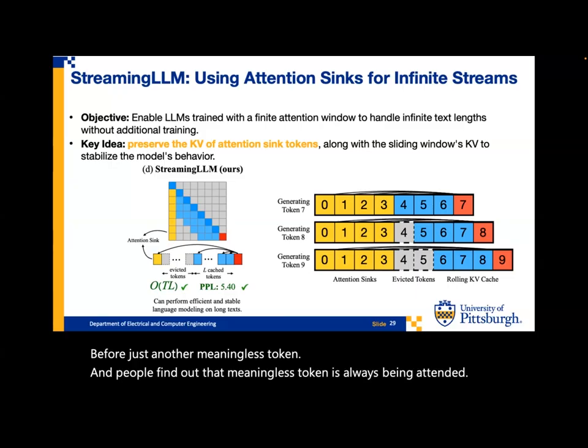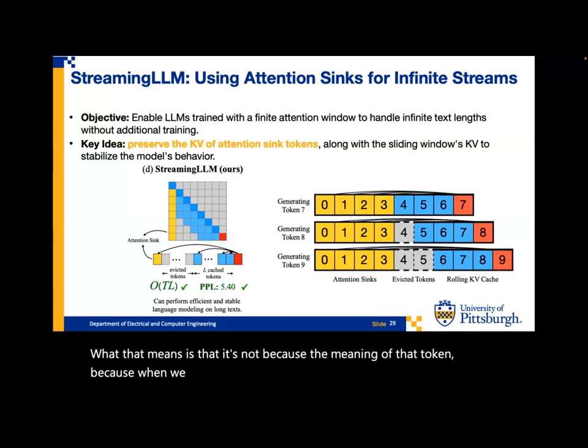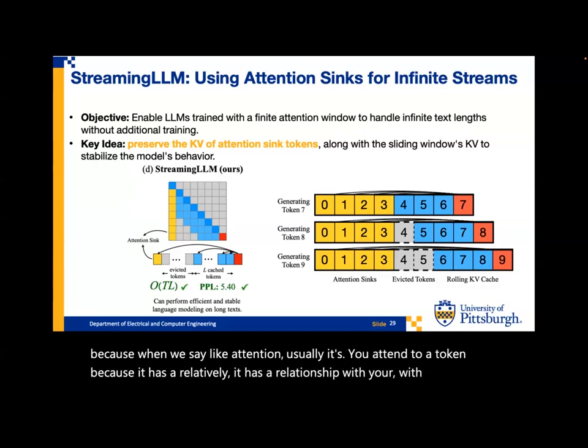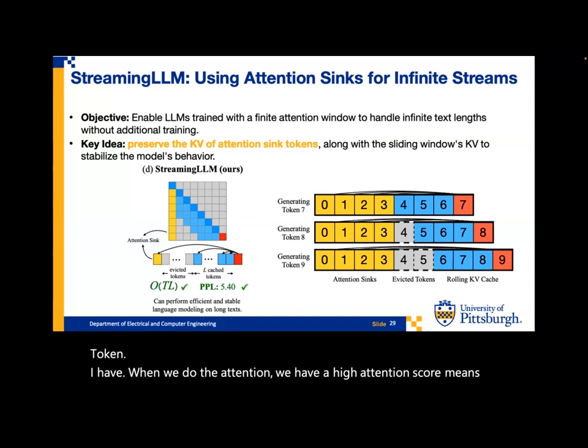What that means is that it's not because of the meaning of that token. When we say attention, usually you attend to a token because it has a relationship with you, right? When we have a high attention score, it means that these two tokens are related.